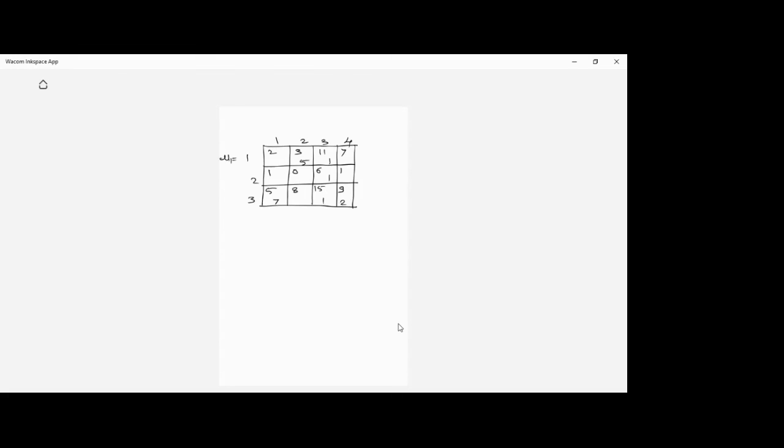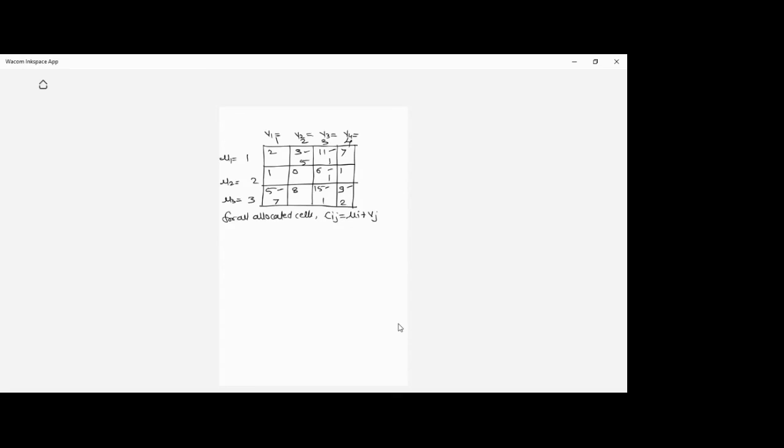So what we have to do is check the optimality by the UV method. You're going to find out U1, U2, U3 values, and V1, V2, V3, and V4 values. For all allocated cells, Cij is equal to Ui plus Vj.